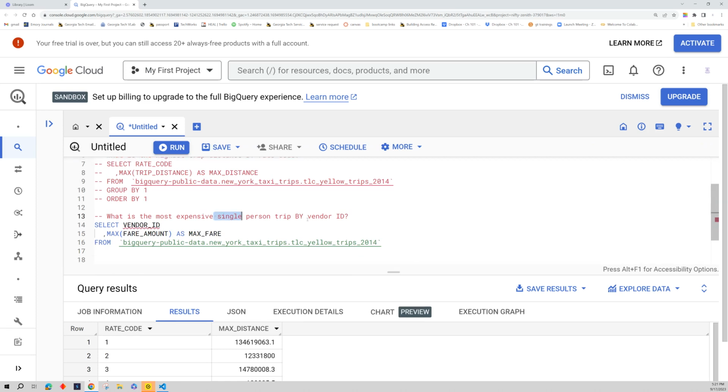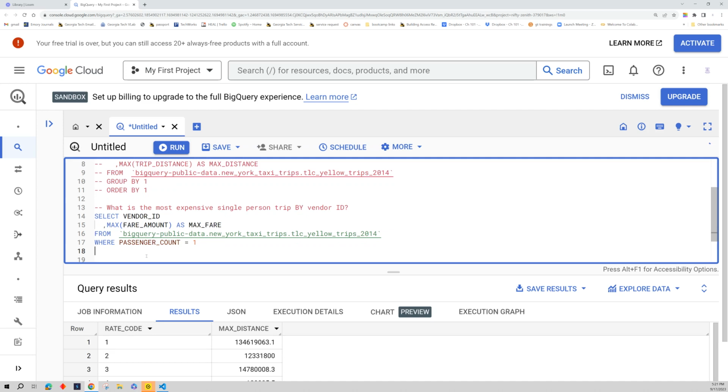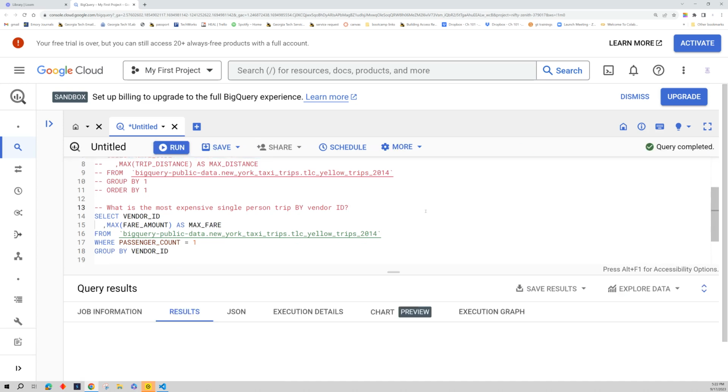And we want a single person trip. So we want where passenger count equals 1. And we're going to group by vendor ID. And we're going to run it.